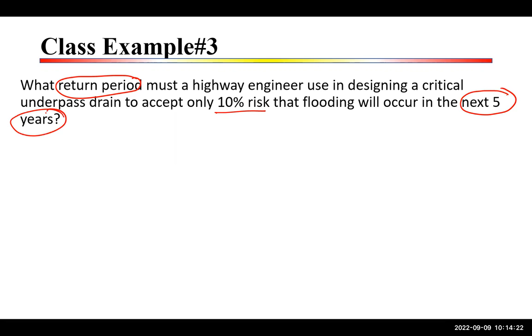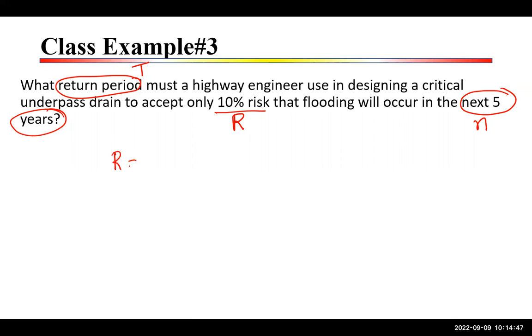So 5 years is the design life, and you are asked to calculate the return period T, and this one is the N, and you know the risk. So we can calculate the return period for that specific underpass drain, right?